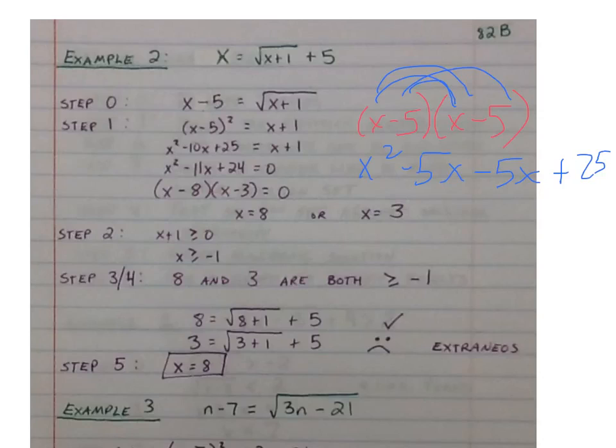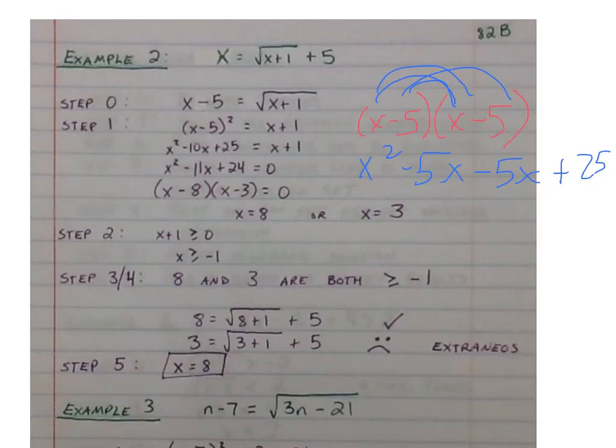And then we check them against the original equation, which means we plug 8 into the original equation and 3. So if we plug in 8, we get 8 equals root 9 plus 5, and that checks out.